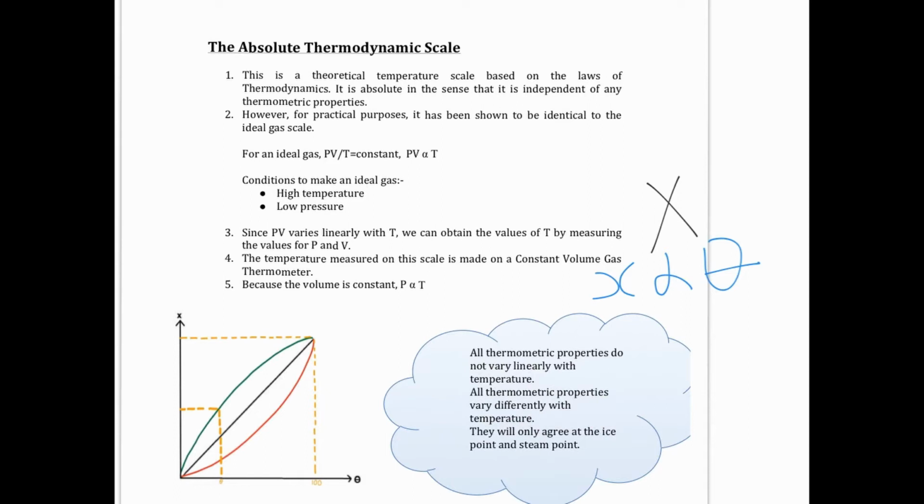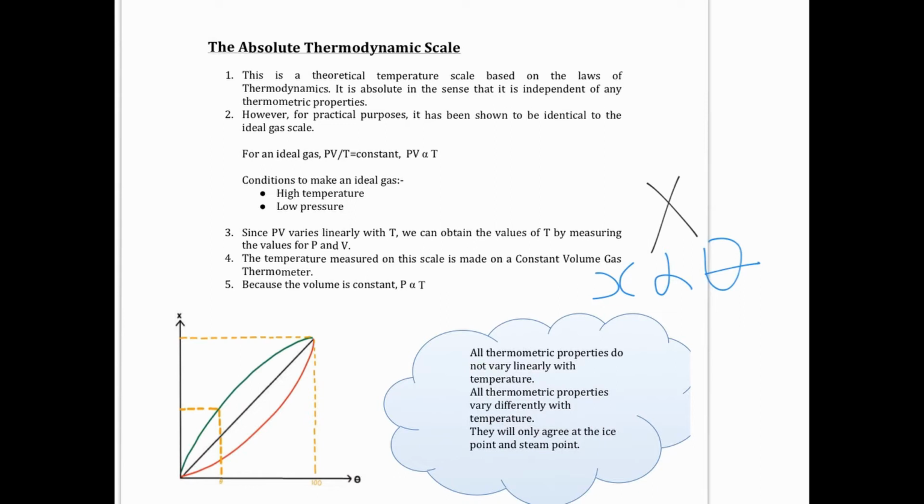So how does this graph show you that they will give you different temperatures? For example, now let's say we are considering the empirical centigrade scale, and we assume that X varies linearly with temperature, right? So you can see this black straight line here. Let's say we take one of the thermometric properties, just for example, the length of mercury, which is this green line here.